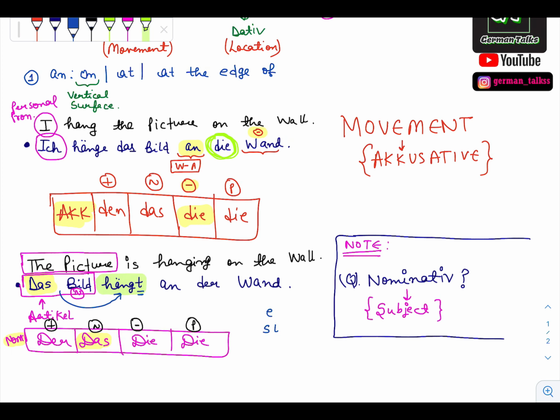Which I told you in our verb lecture: ich, du, then er, sie, es, then wir, ihr, and so on. So this is third person. That's why the T ending is there. I'm just doing the revision here. See here also the E ending. Why E ending? Because we conjugate it according to ich.